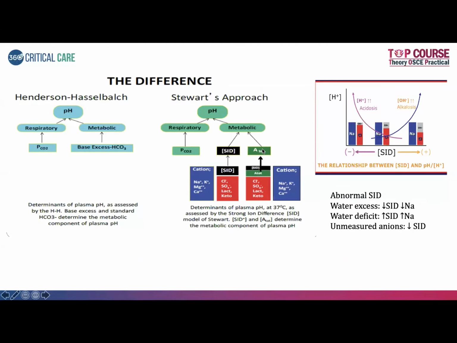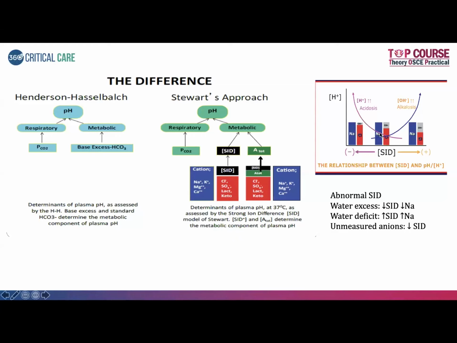Beyond this, if you find a difference between your effective strong ion difference and your actual strong ion difference, there will be some strong ion gap. The strong ion gap is contributed by the unmeasured anions.